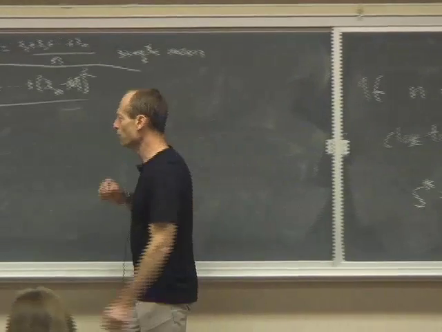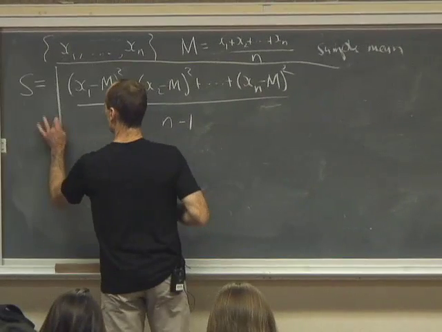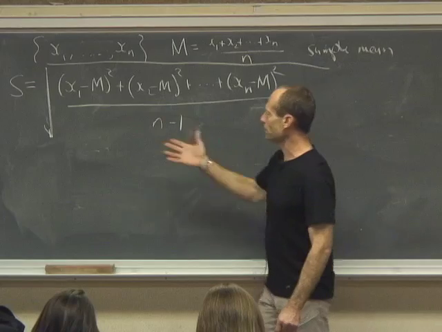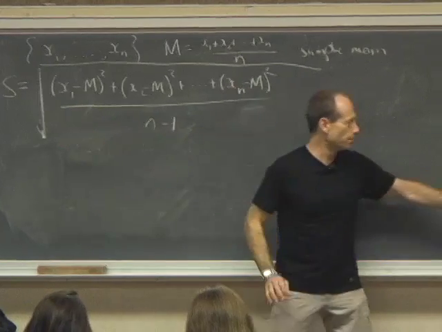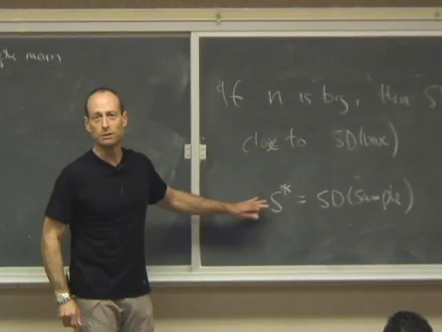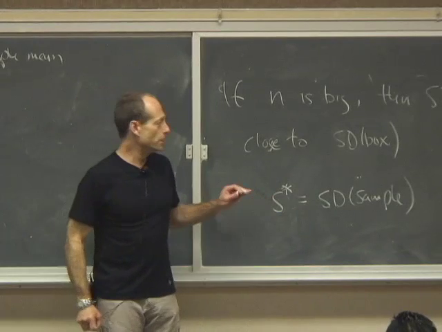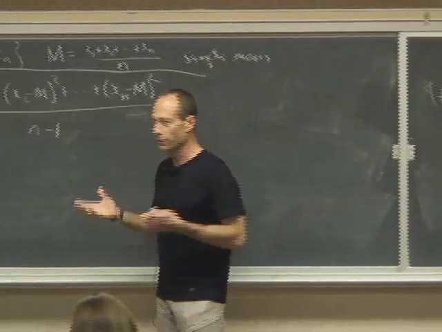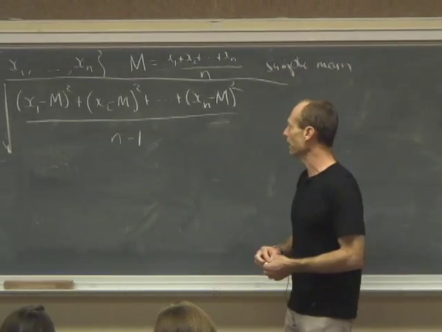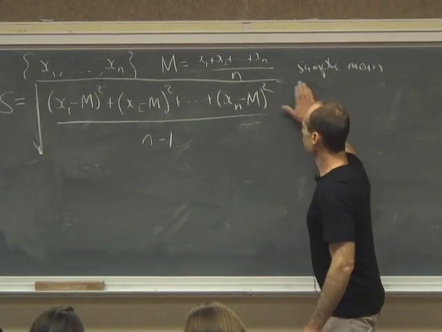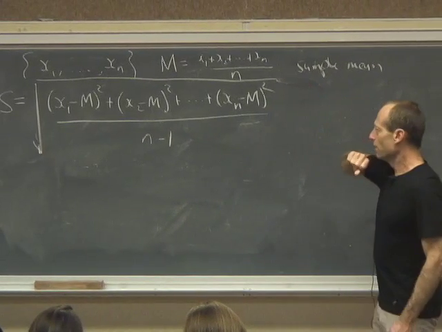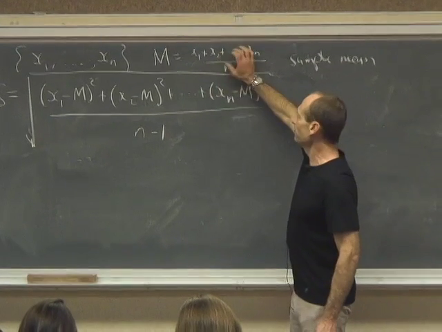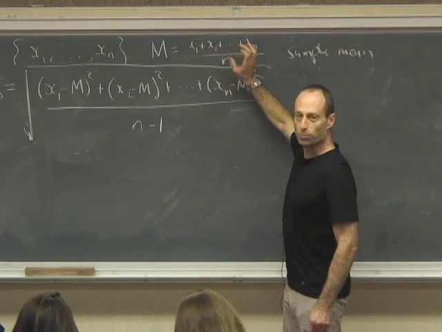Why would you want to estimate the SD of the box by this rather than by the SD of the sample? So there's a technical reason, but I'll try to explain the heuristic behind it. When I calculate the sample mean of a list, it has a special property, right?